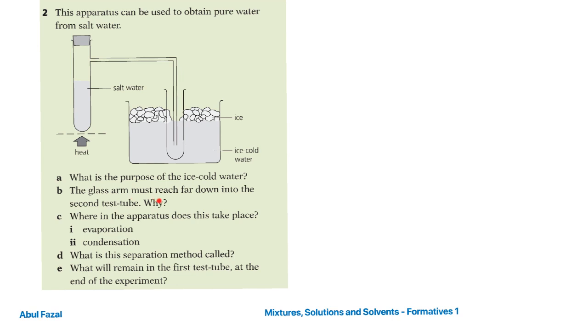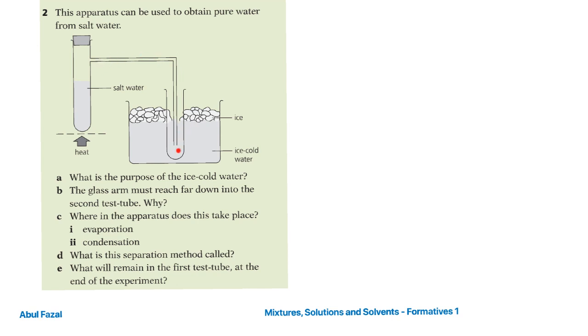The glass arm must reach far down into the second test tube. Why? And you can pause and think about it, but I think most of you will arrive at the right answer, where it's underwater because you're not cooling it here, you're cooling it here.